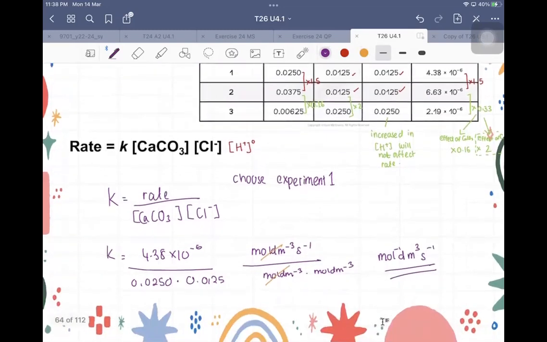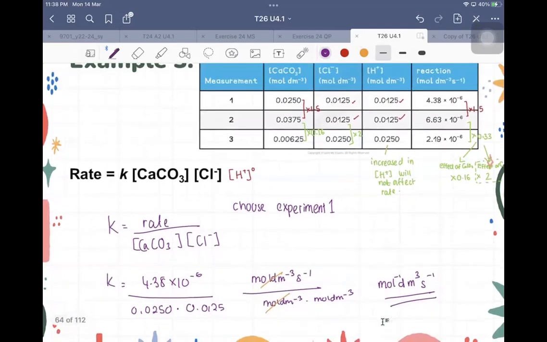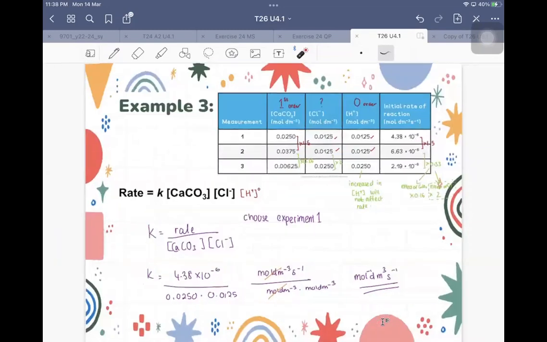This is the unit for the rate constant K for an equation with an overall order of 2, second order. Okay, you add 1, 2, and this one is 0. So work out the number for that.